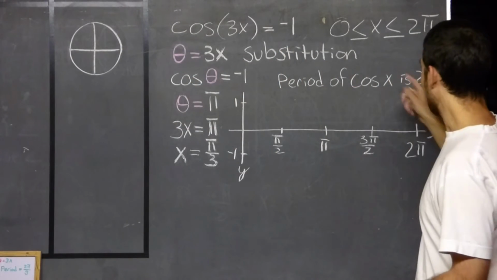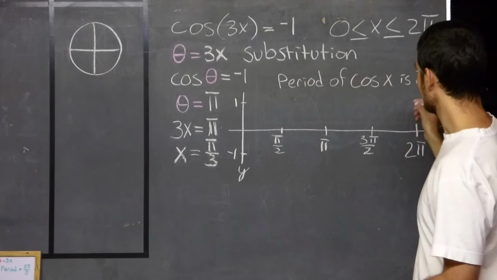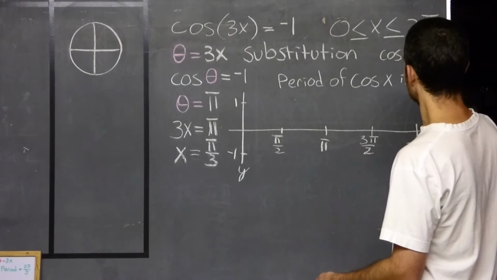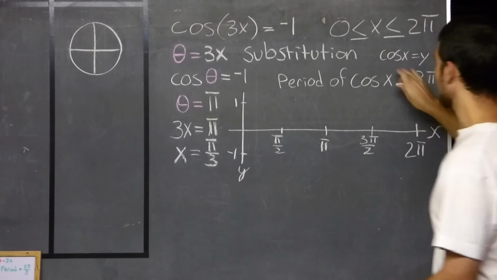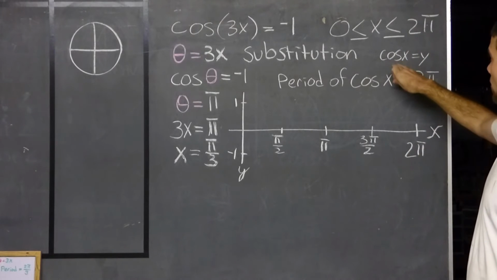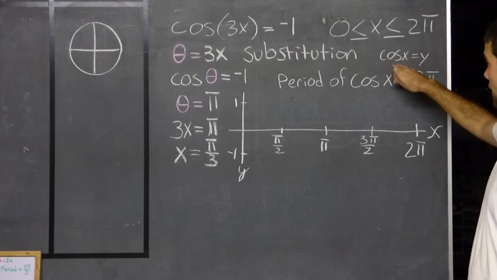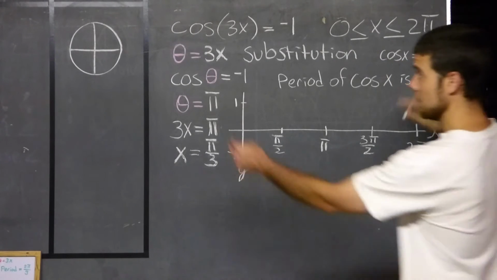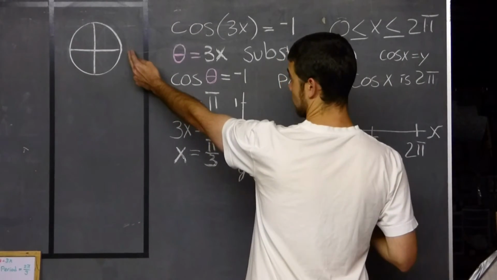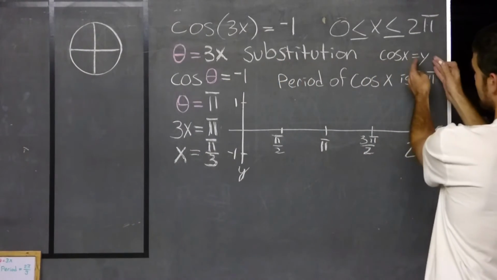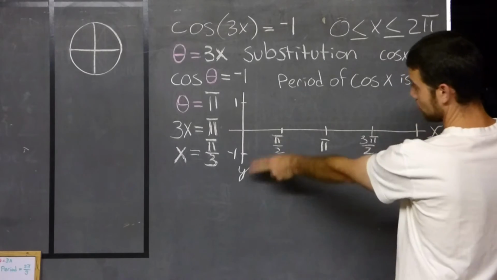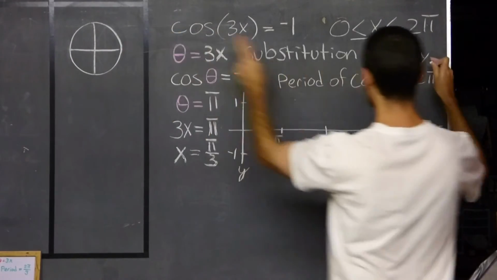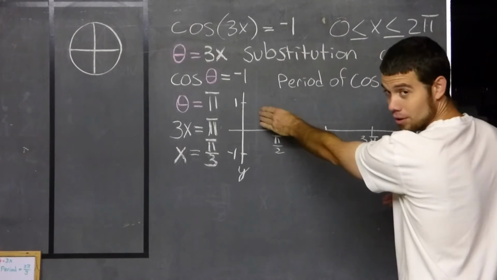Now our parent function is cosine of x equals y. So when we put 0 into cosine of x, the answer is the x-coordinate on our unit circle, but the answer to this we said is our y value, so we're graphing the x-coordinate on the unit circle as our y value on this graph.